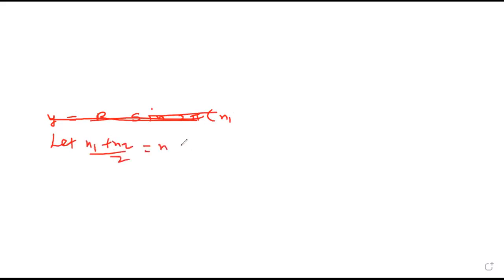So we get y equals r sine 2 pi (n1 plus n2) t, which we write as: let (n1 plus n2) upon 2 equal n, the average frequency.